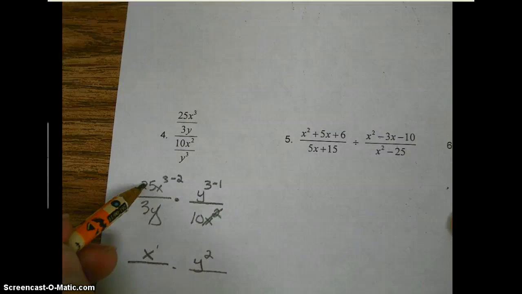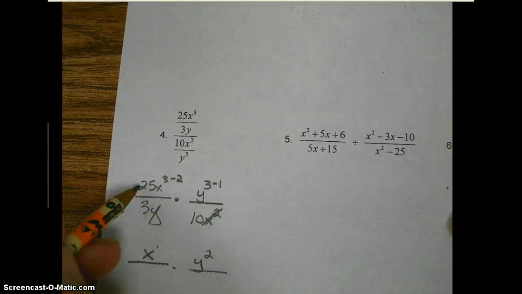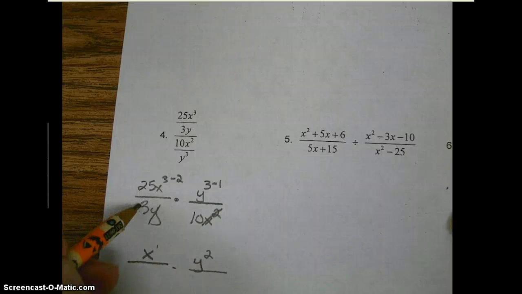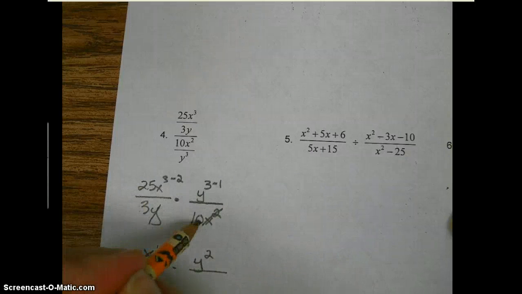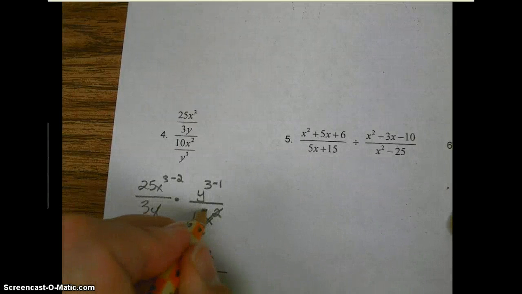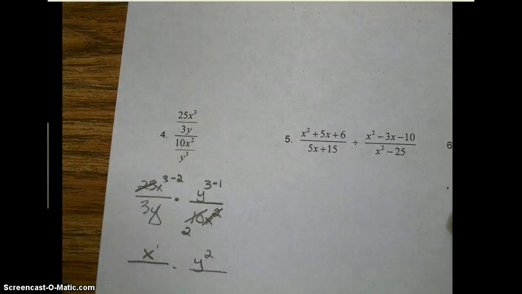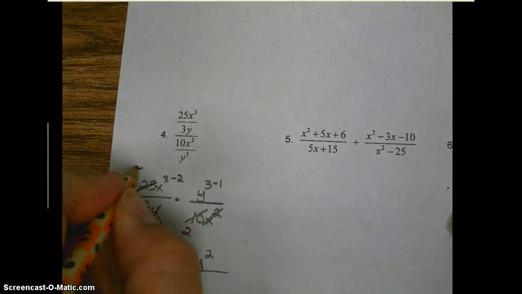Now we have 25, 3, and 10. Well, I can't think of a number that goes into 25 and 3, but I can think of a number that goes into 25 and 10, and that would be 5. So I'm going to take a 5 out of both. 5 goes into 10 twice. 5 goes into 25 5 times.